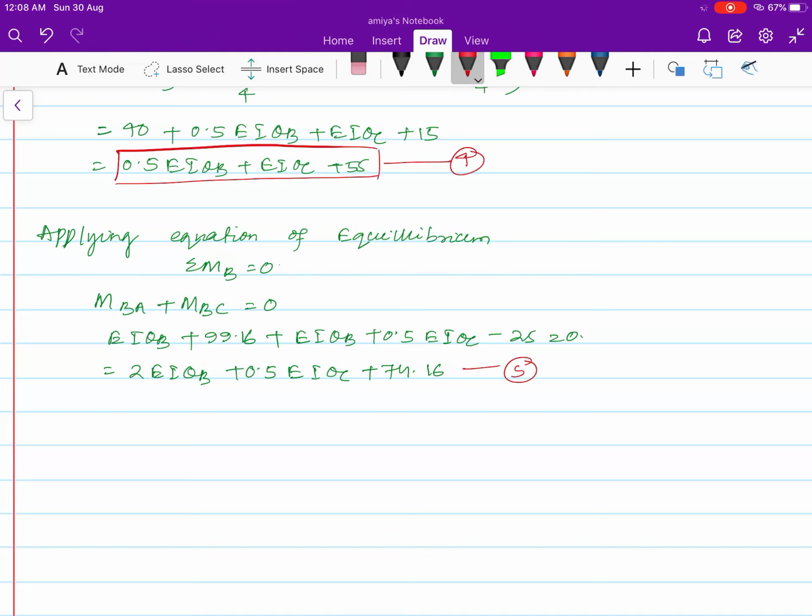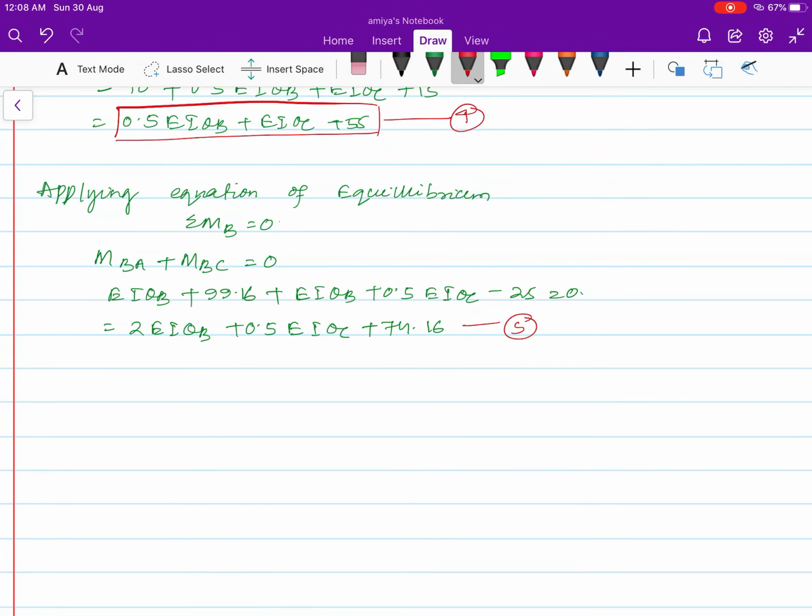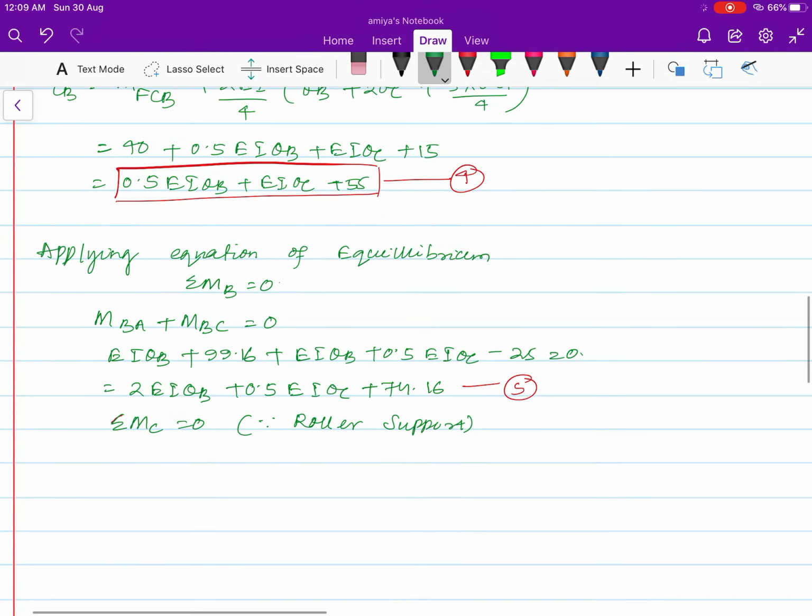Now similarly at joint C, there is a roller, so we can write the moment about C, since it is a roller support. So the moment about C means MCB is equal to 0.